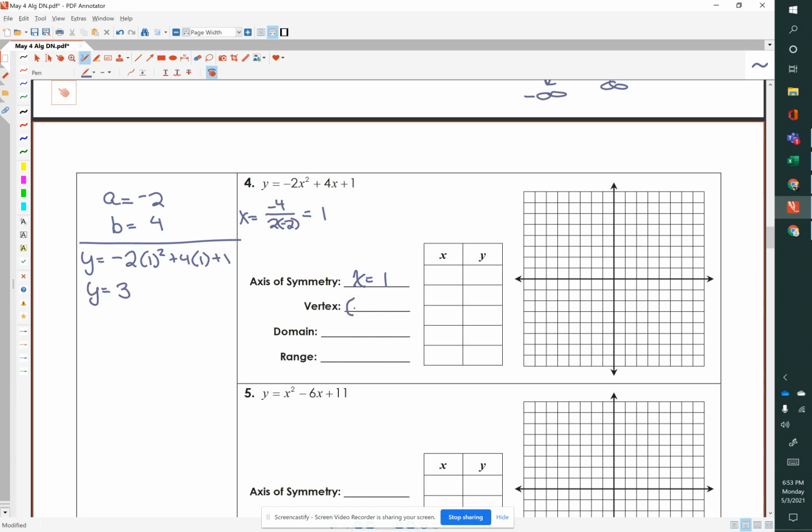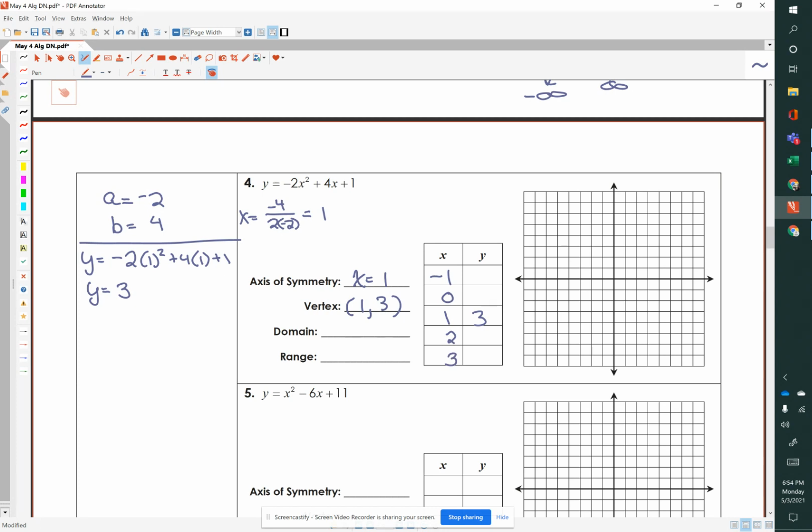So the vertex is the point 1, 3. So we can put that right in our chart right here. And let's evaluate at 0, -1, 2, and 3.